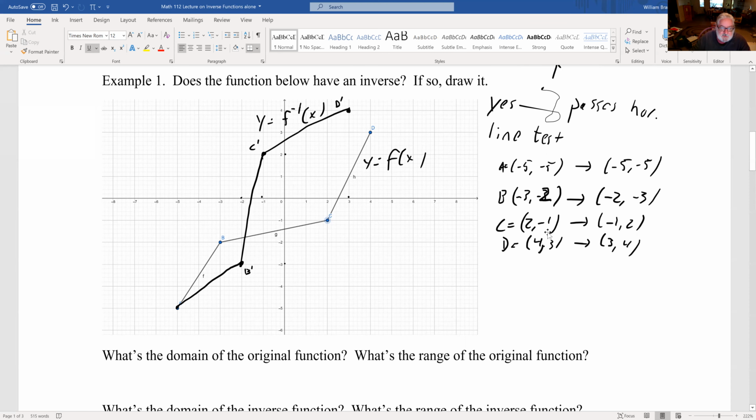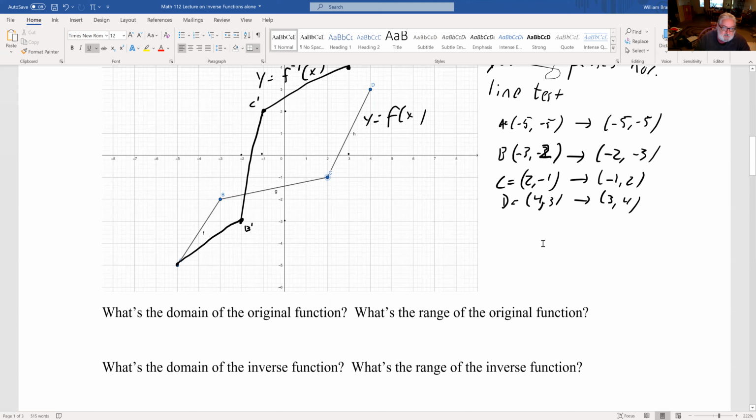So what's the domain of the original function? The original function domain starts at -5 and goes to x equals 4. The range starts at y equals -5 and goes up to y equals 3. What happens to the inverse function? Well, if you take the inverse function, you just flip the x's and y's.